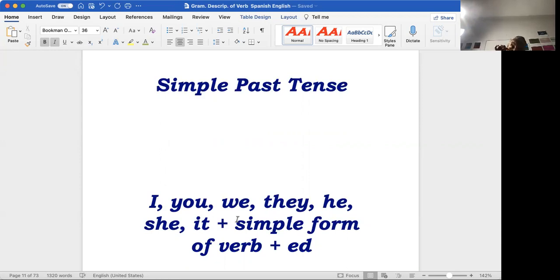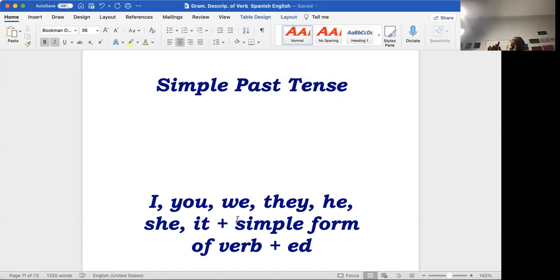You use the past tense of the verb do. Remember the present indicative? You had I, you, we, they do not talk. He, she, it does not talk. Well, to make it negative, in the simple past tense, it's I, you, we, they, he, she, it did not.